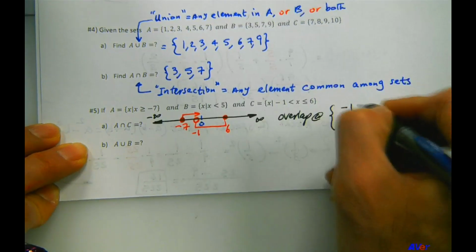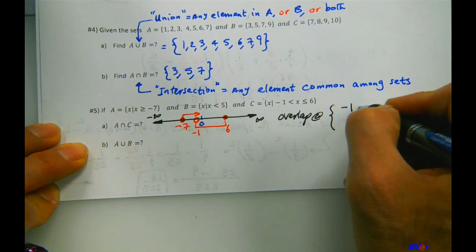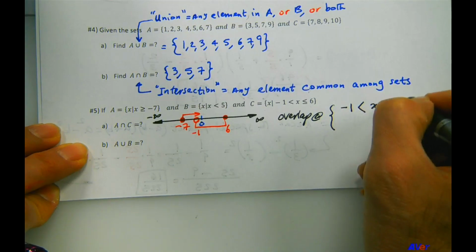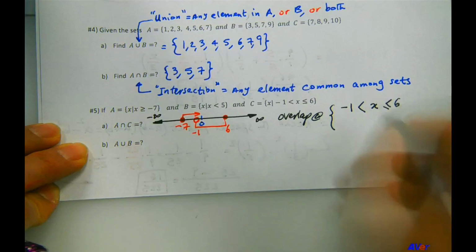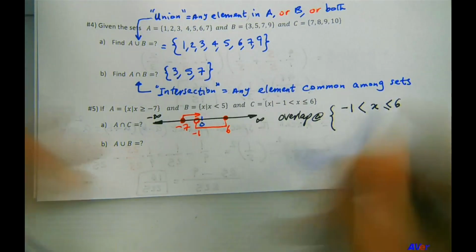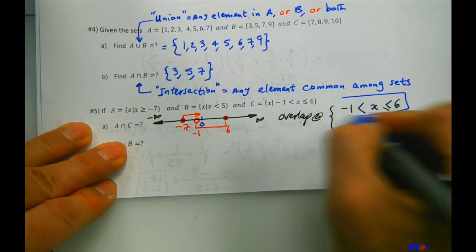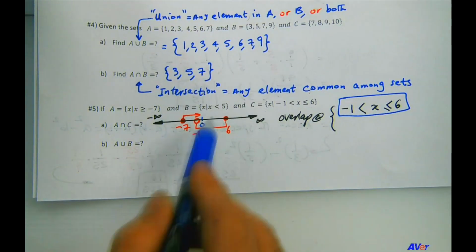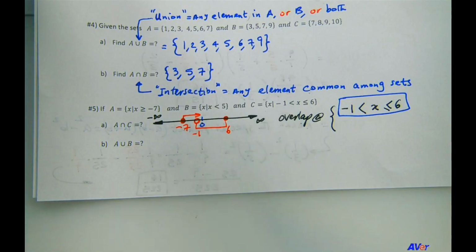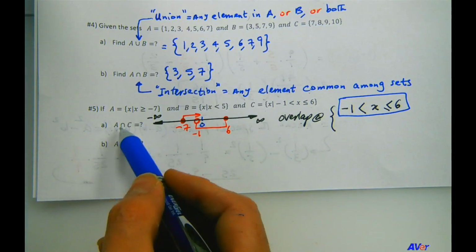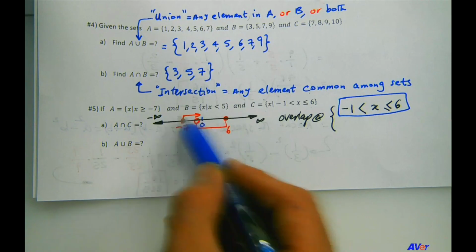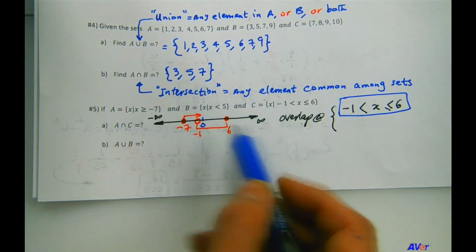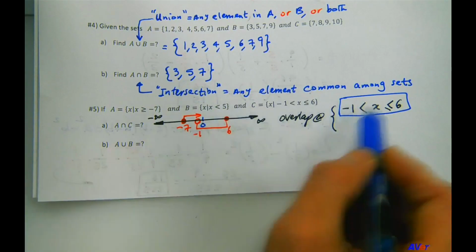So -1 less than x, and x less than or equal to 6. That's the inequality notation, which is okay because we're looking for the intersection. That's the only place the two sets overlap, not outside of this.